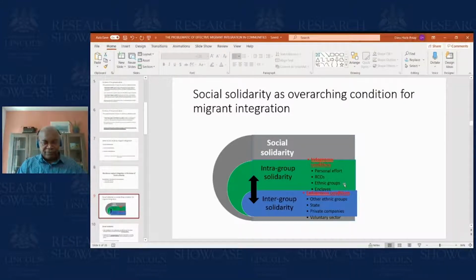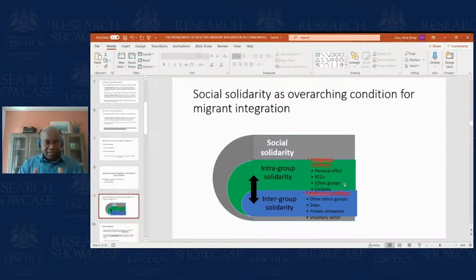State support through some training scheme, through some welfare support to get the migrant started, is an important framework in some cases. We've got private companies involved as well with PPI initiatives, for example, and we've got the voluntary sector, which is heavily involved in migrant integration. And within that, we have other migrant groups that are not necessarily from the same collectivity as the new migrant.